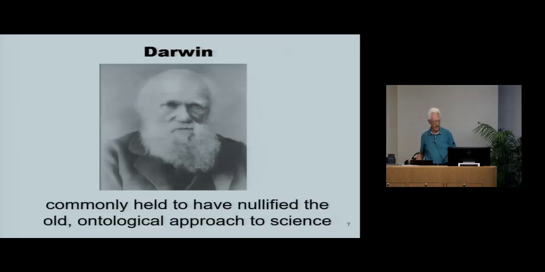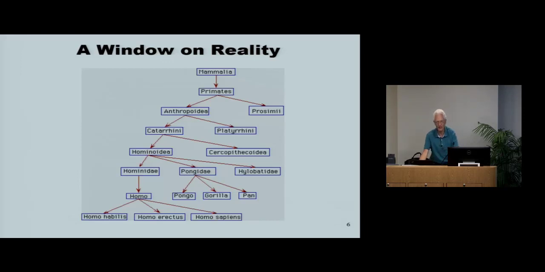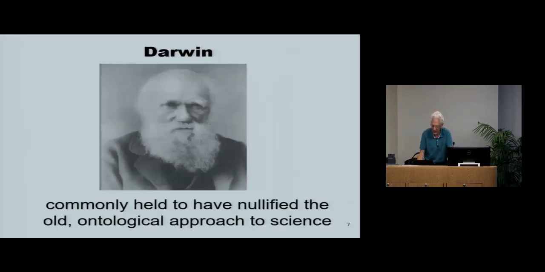All right, now we have Linnaeus, who is a great hero in the history of ontology, and then we have Darwin.